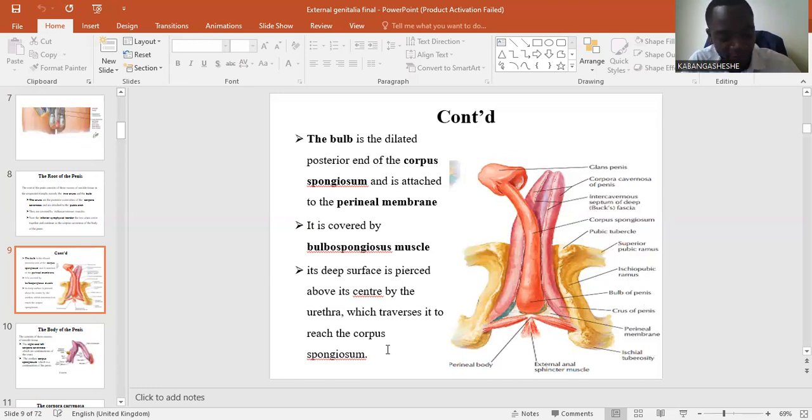So those are the parts of the penis. Three erectile tissues. Now, again, I want you to observe that the root of the penis has nothing to do with the corpus spongiosum. The root of the penis is attached to the corpus cavernosum. And you see that this goes into the bone, the pelvic bone there.